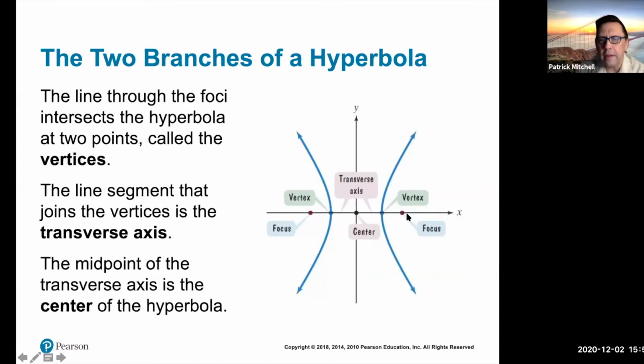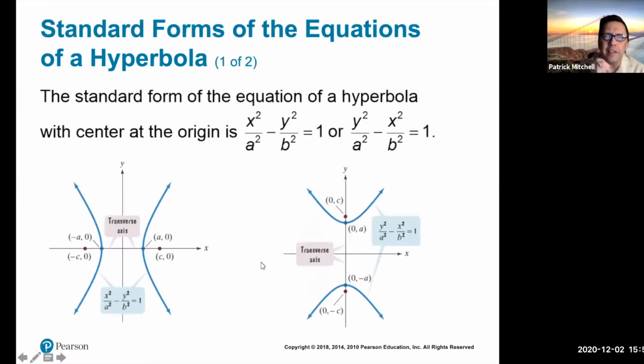The foci are located out here. And just think of your transverse axis as being the line segment that cuts the hyperbola in half, but goes through the hyperbola.